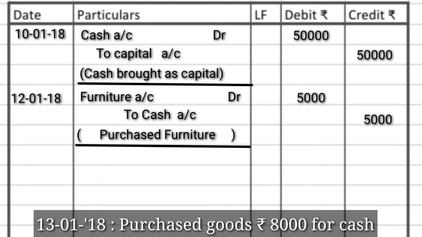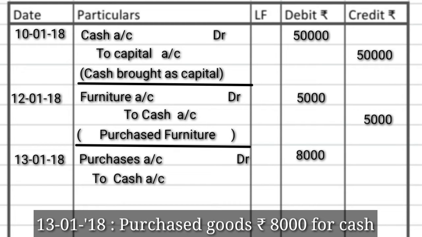Now we can record into the journal. The date column, 13th January 2018. Particulars column: purchases account debtor in debit amount 8,000, to cash account, credit amount column 8,000. And write down the narration, purchased goods.